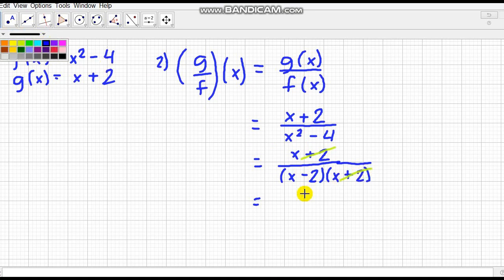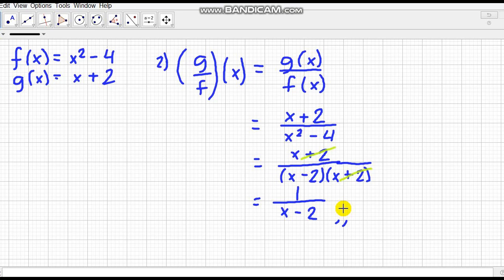So we're left with 1 over x minus 2. Take note that there's a 1 here because the entire numerator has been divided, so we're only left with 1. So we have now 1 over x minus 2, and as such, g over f of x is 1 over x minus 2.